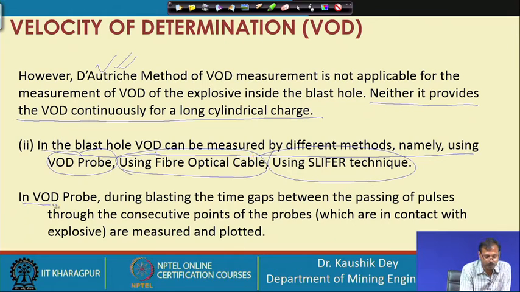Let us see the first one, the VOD probe. A VOD probe, during the blasting, measures the time gaps while the pulses pass through consecutive points of the probe, which are in contact with the explosive.